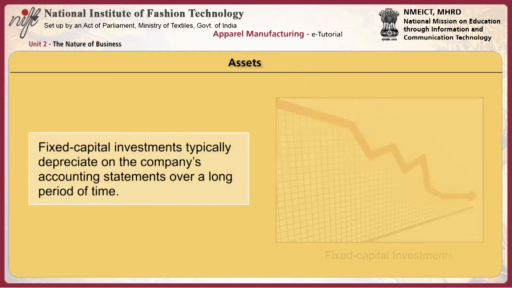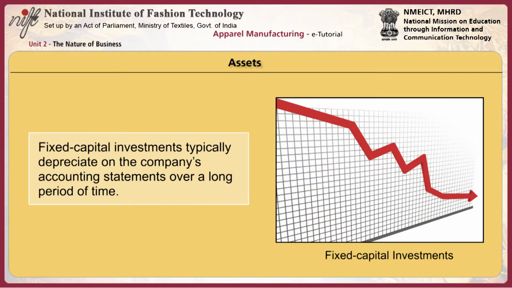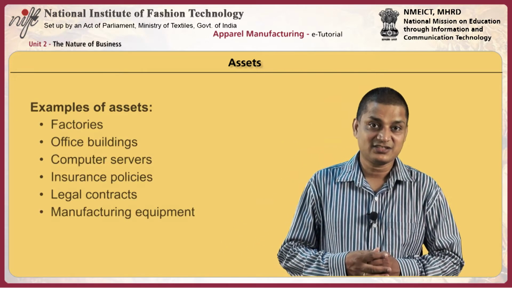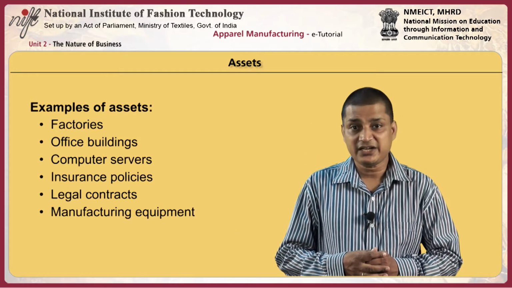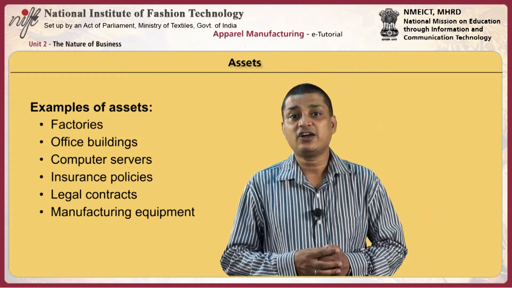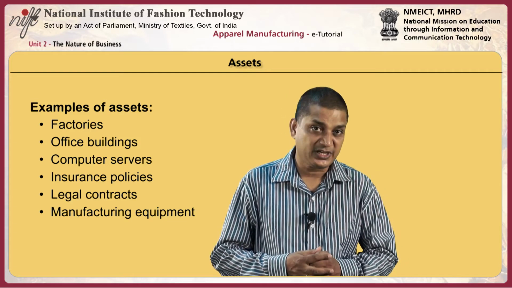Fixed capital investments typically depreciate on the company's account statement over a long period of time, up to maybe 20 or more years. Examples of assets include factories, offices, buildings, computer servers, insurance policies, legal contracts and manufacturing equipment.